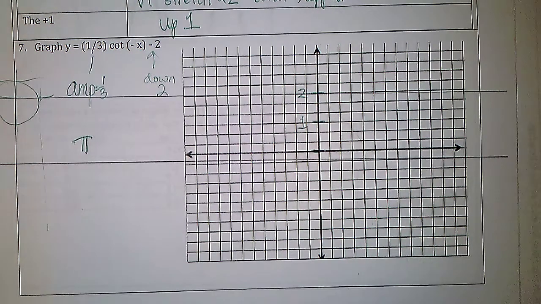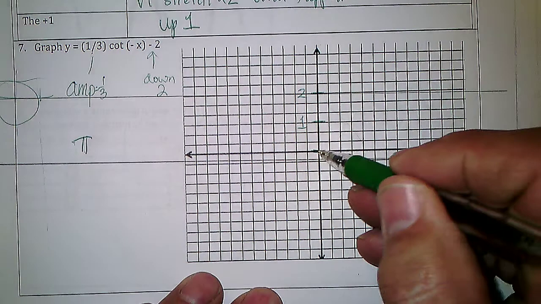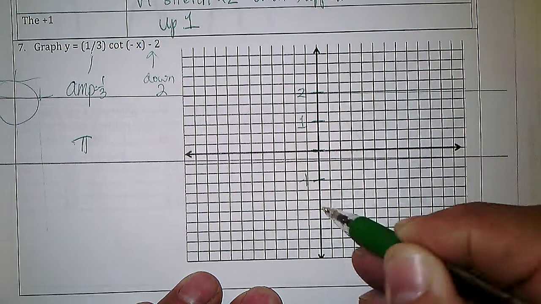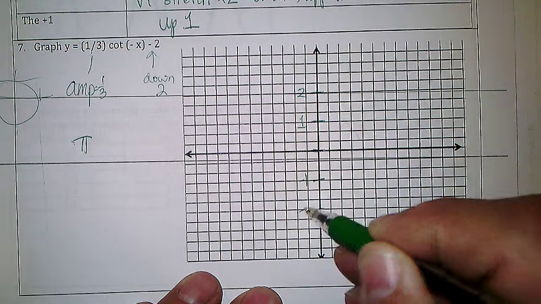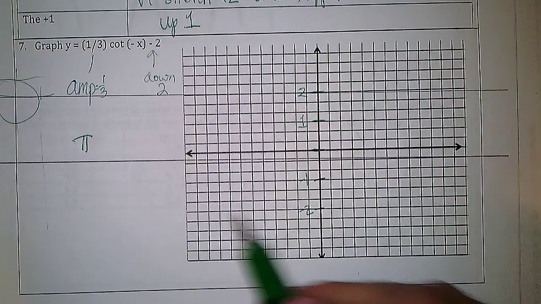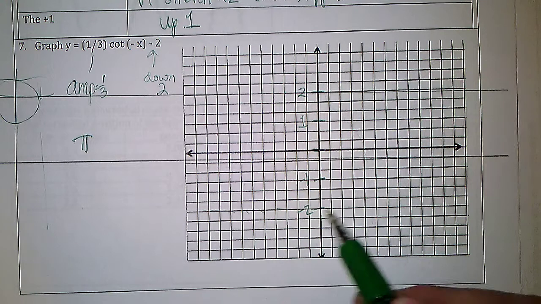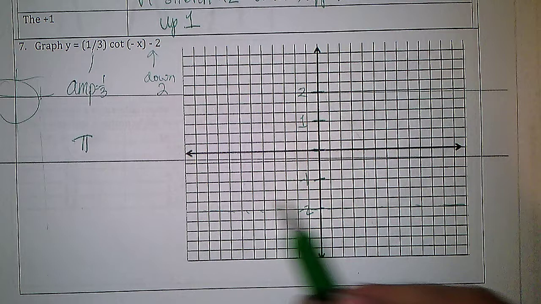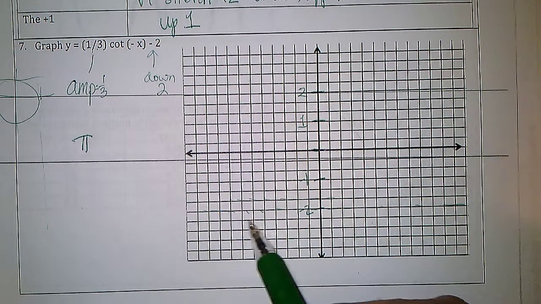Each square is a third. So I'm going down. I'd be down 3 for -1, down another 3 for -2, and my center line's at -2. And my amplitude is a third above and below that.